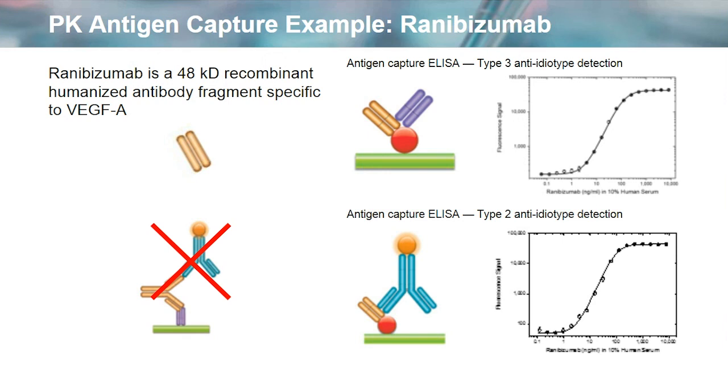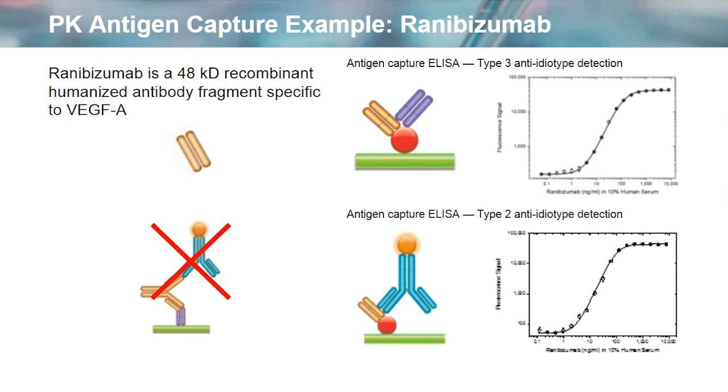So Ranibizumab is a 48 kilodalton recombinant human antibody which is specific to vascular endothelial growth factor A. To develop pharmacokinetic type assay formats for the measurement of Ranibizumab, we combined our type 2 and type 3, our non-inhibitory anti-idiotypes, with a capture format to develop different assays.